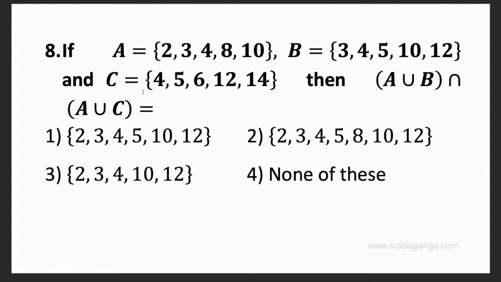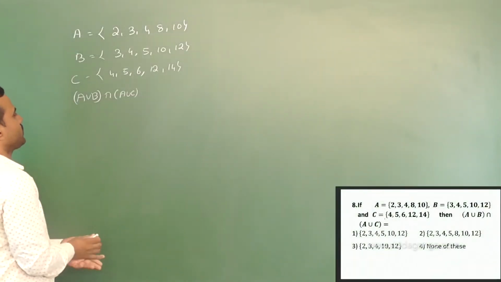C set is {4, 5, 6, 12, 14}. What does he ask? A union B intersection A union C.